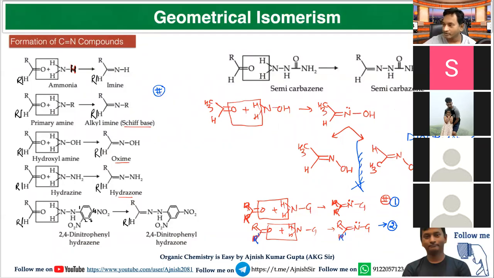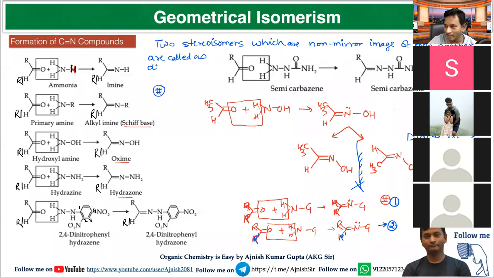Two stereoisomers which are non-mirror images of one another are called diastereomers. And geometrical isomers will never be mirror images.